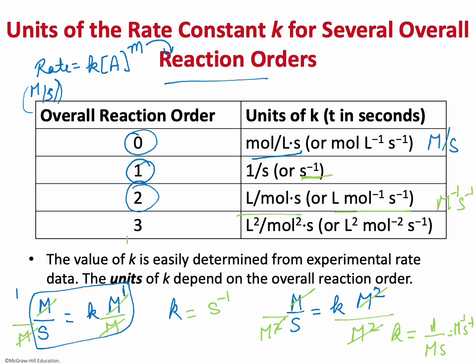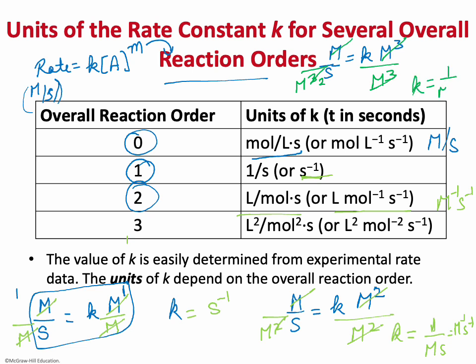Example 3. Third order simply means rate is molar per second equals K times molarity cubed. Again, to get rid of this, I divide this by the cube of M, and I divide the other side by the cube of M. This would get cancelled and it would be left with 2, which means what is my K?